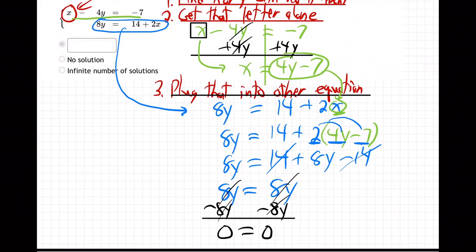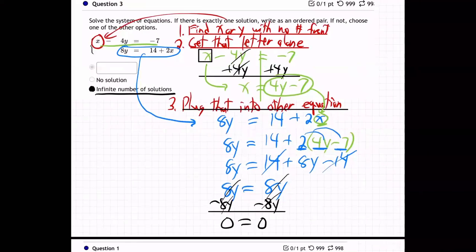Well, what this means is actually there's an infinite number of solutions. What? Well, here we go. Let me give you the special. So this is a weird one. This doesn't end up having a normal answer. It ends up having a weird answer. So here's the deal.